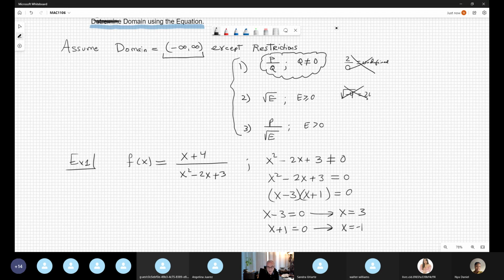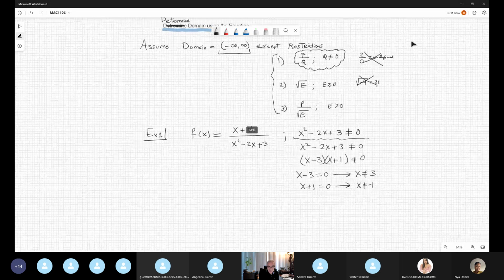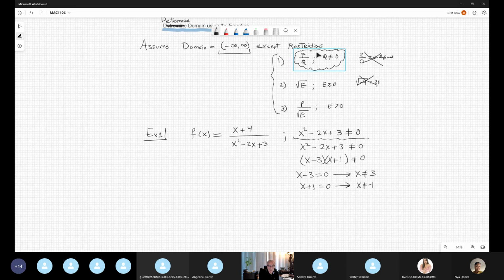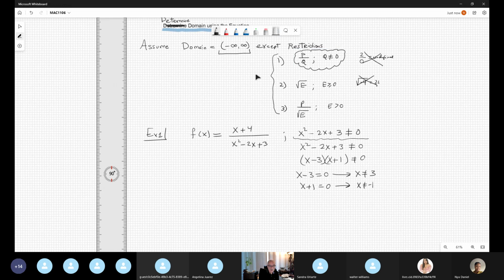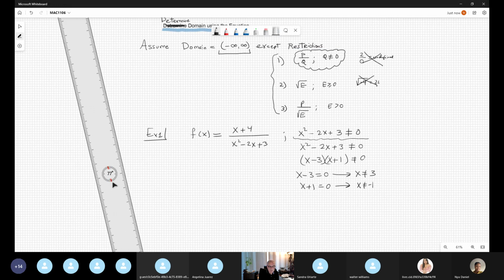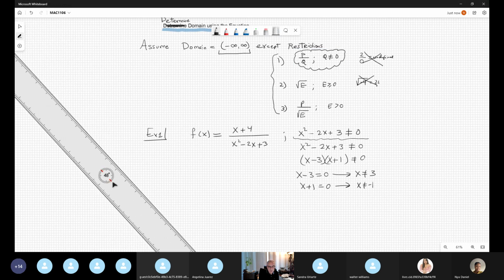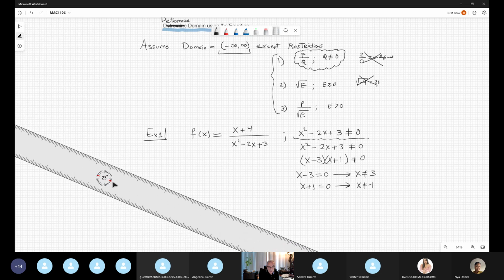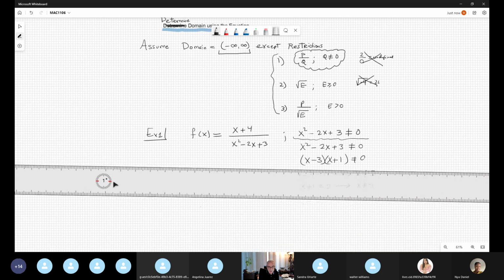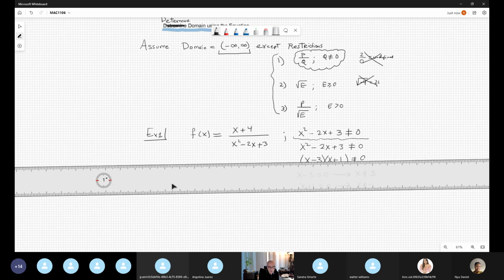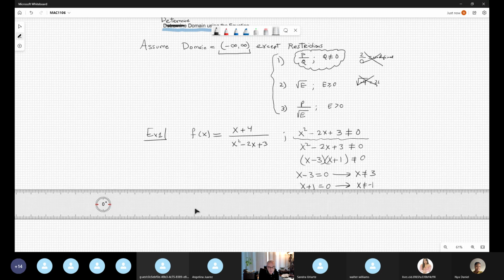Actually, remember at the beginning, this sign is not equal. But positive 3 and negative 1 are bad guys, they are restrictions. So to understand and interpret this idea much better, I propose you do a sketch of the all real number line. This is the all real number line.